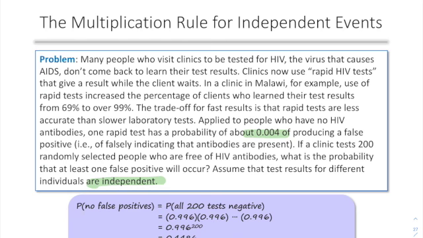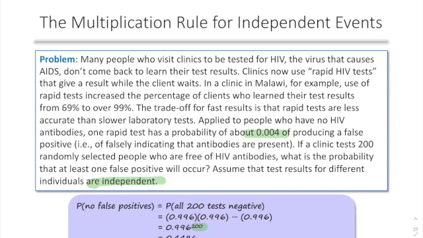So for 200 of them, 0.996 times itself 200 times, or just with an exponent of 200, would be 0.4486. So we want the probability of at least one false positive. So if 0.4486 is the probability of all of them being negative, then 1 minus this would give us if one was a false positive, if two were false positive.